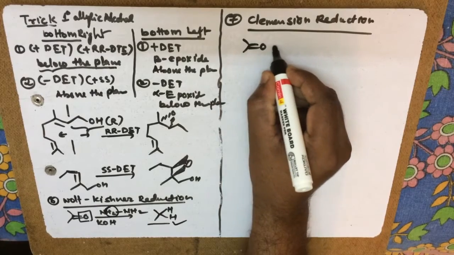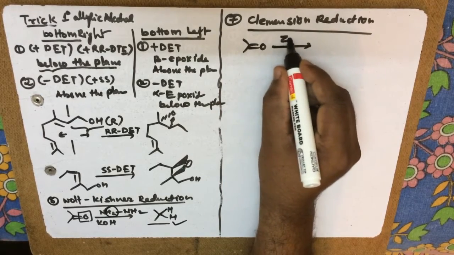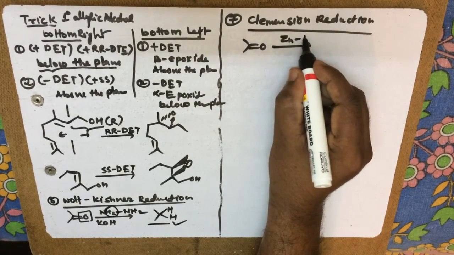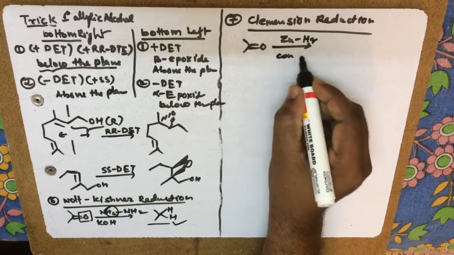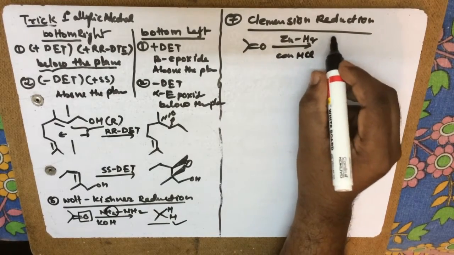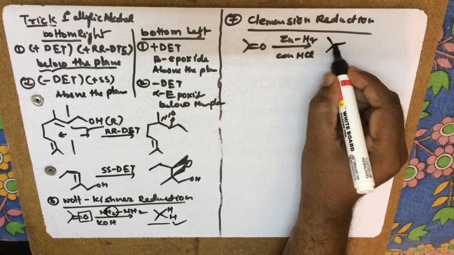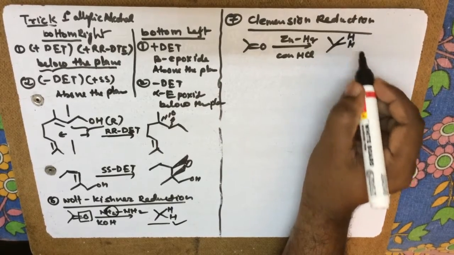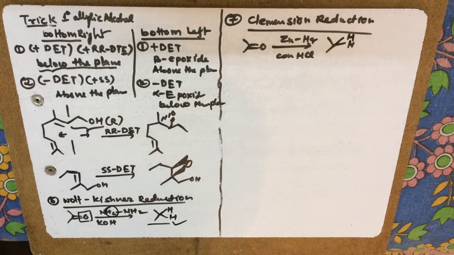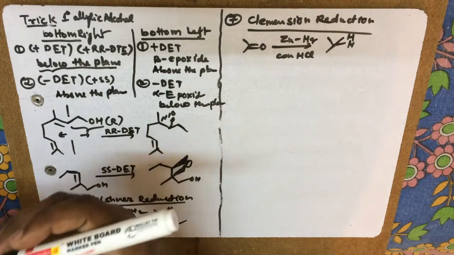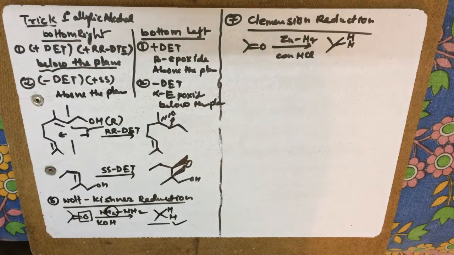Here you have a carbonyl and your reaction condition is zinc amalgam under concentrated HCl, so your product will be like this also. So this is also Clemmensen reduction.